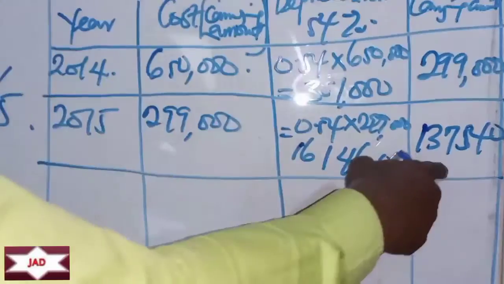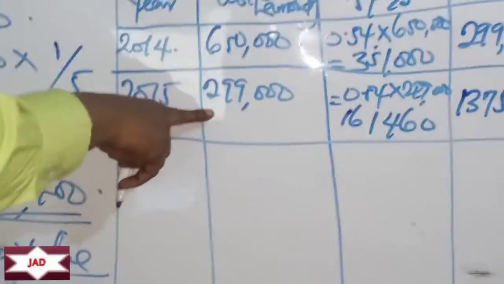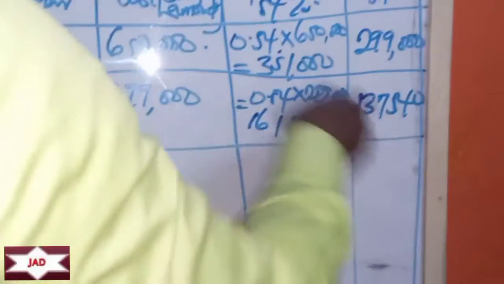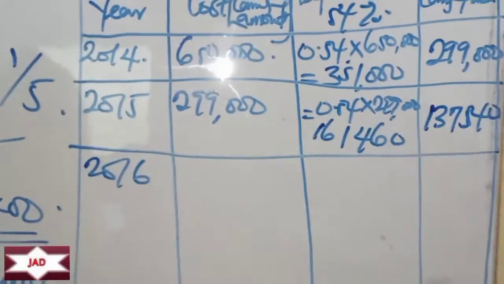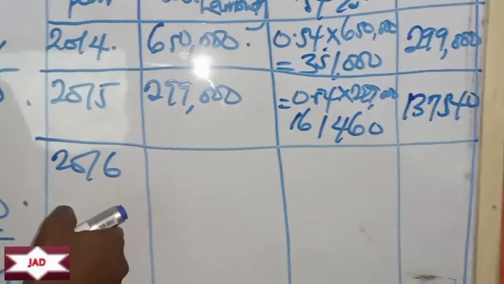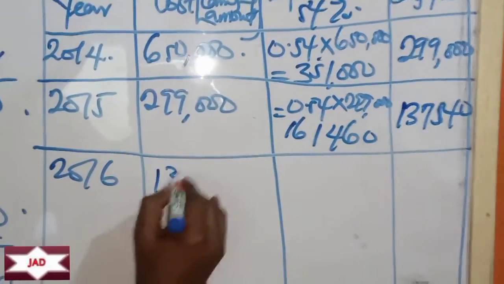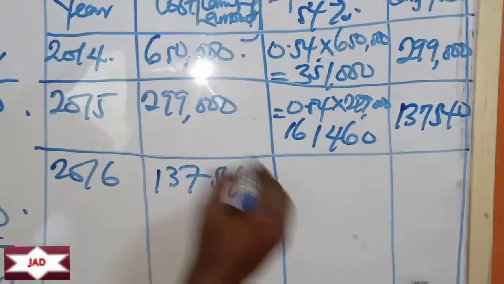This is the cost at the beginning of 2015. This is the cost at the end of 2015, also called carrying amount. Okay, so we have 2016. This becomes the cost at the beginning: 137,540.